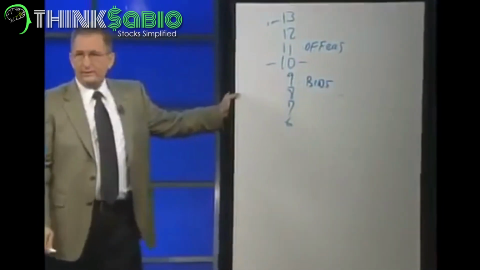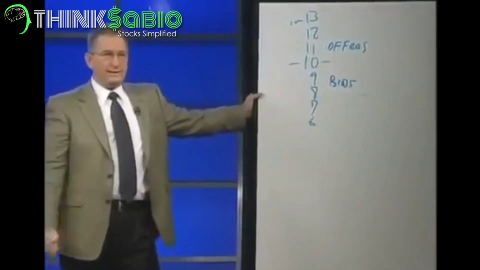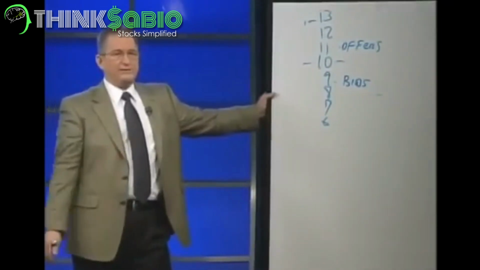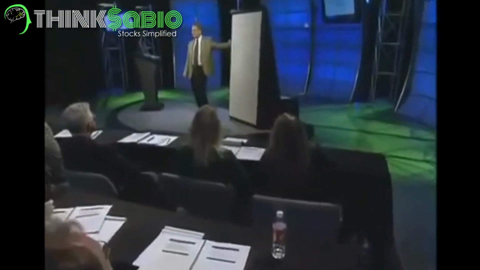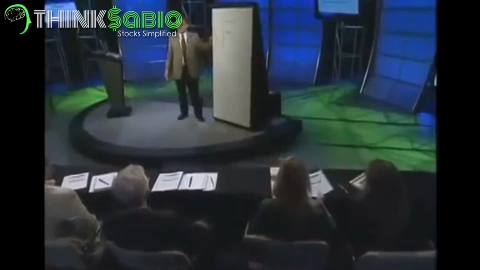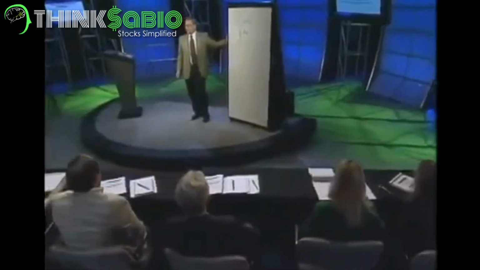Now, there's only two ways that anybody can make money in this business. No matter what strategies you're employing, no matter how elaborate or how simple they are, you have to be able to buy something at a low price and sell it back at a higher price, or sell something at a high price and buy it back at a lower price. Are we in agreement on that?